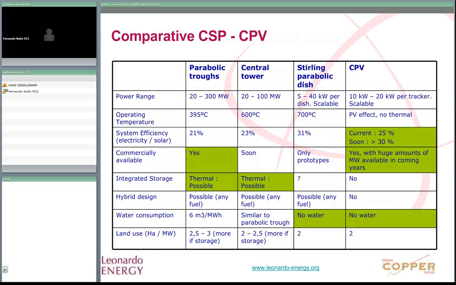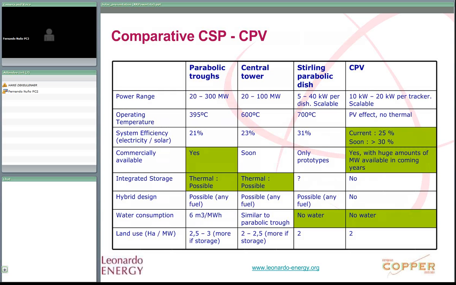As for storage issues, on thermal technologies it's possible, at least for parabolic troughs and central tower. For Stirling parabolic dish it's an open question, and for CPV there is no thermal storage, and electrical or other technology storage is to be analyzed, so for the moment no availability for storage.